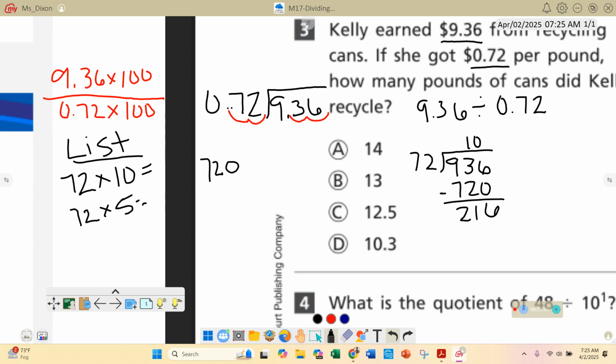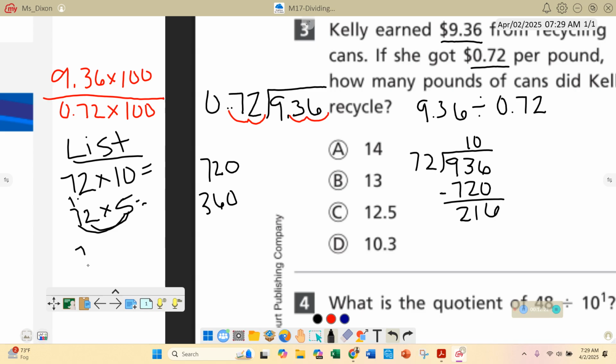Let's see what that gives us. 5 times 2 is 10. Regroup the 1. 7 times 5 is 35 plus 1 is 36. So 5 is too big because I cannot subtract 360 from 216.